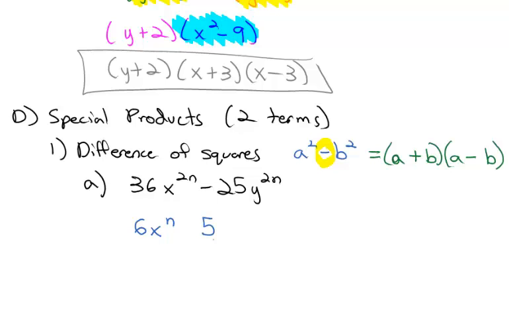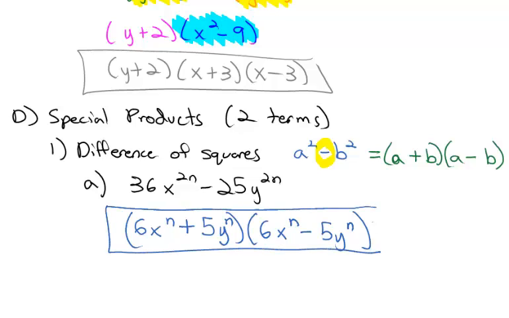And the square root of y to the 2n, square root divides the exponent by 2, is 5y to the n. So when we factor, it's going to factor to the sum and the difference of those square roots. So 6x to the n plus 5y to the n times 6x to the n minus 5y to the n.